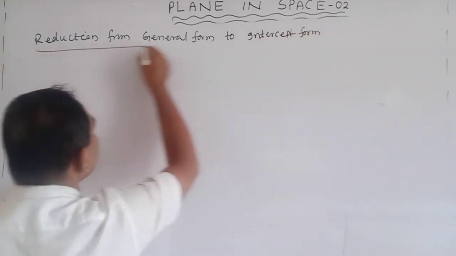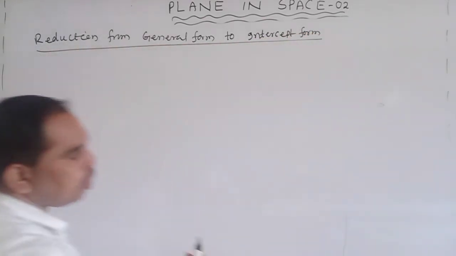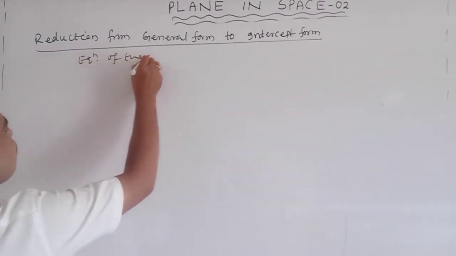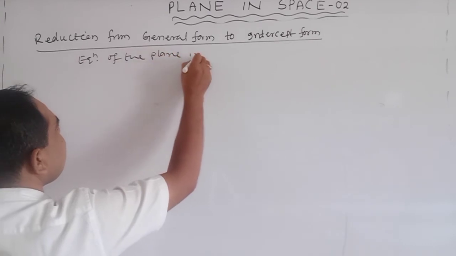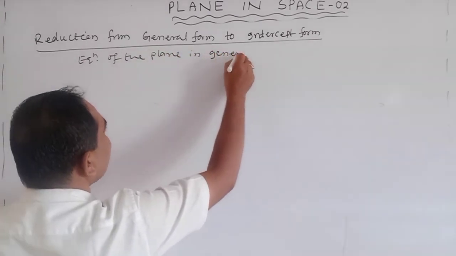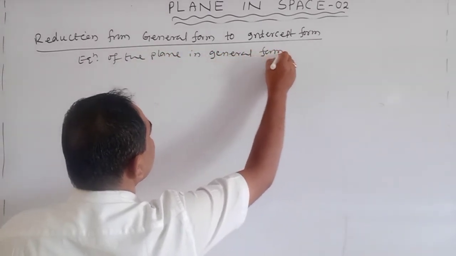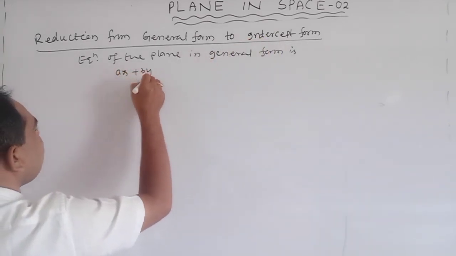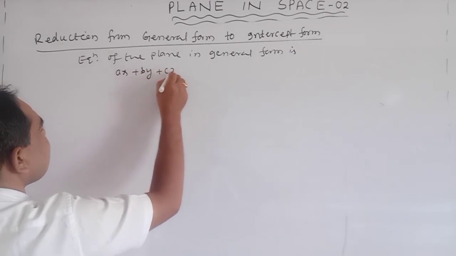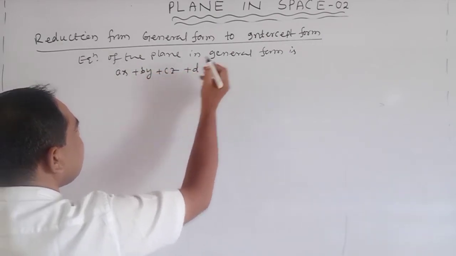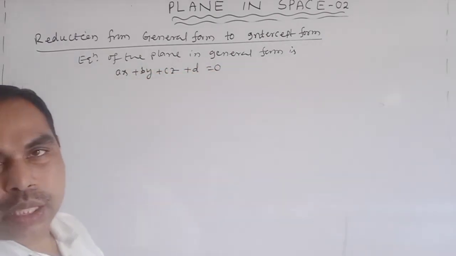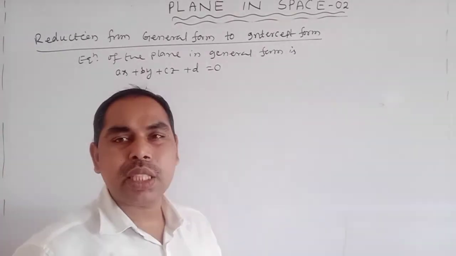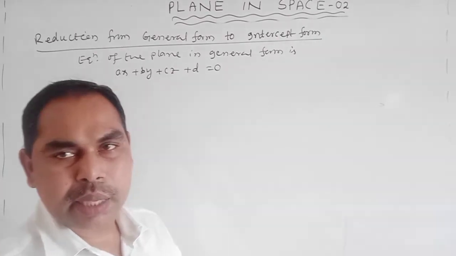Reduction from general form to intercept form. The equation of the plane in general form is ax plus by plus cz plus d is equal to 0. Reduce it to intercept form, that means x by a plus y by b plus z by c is equal to 1.